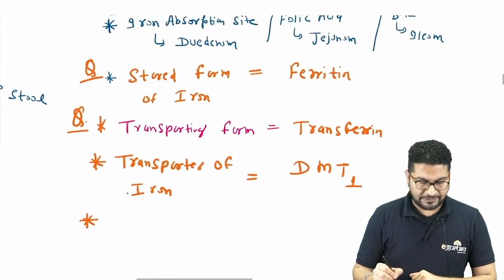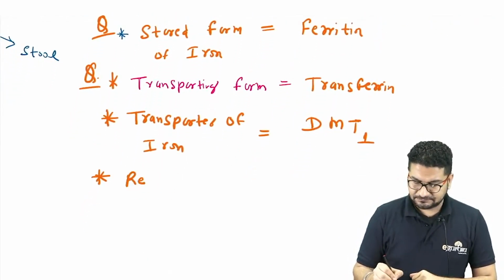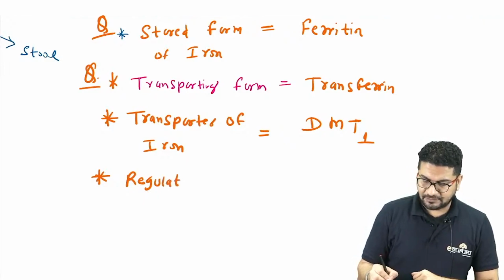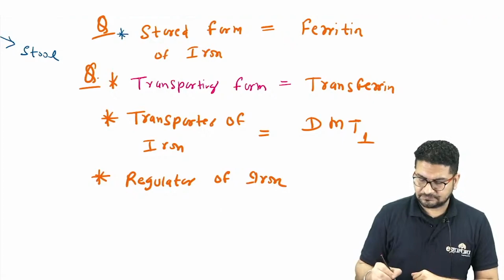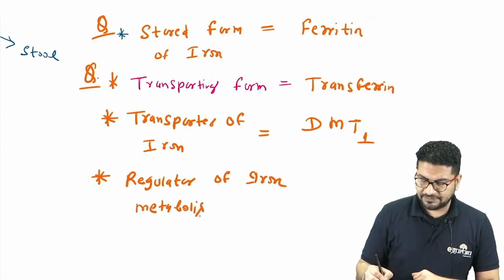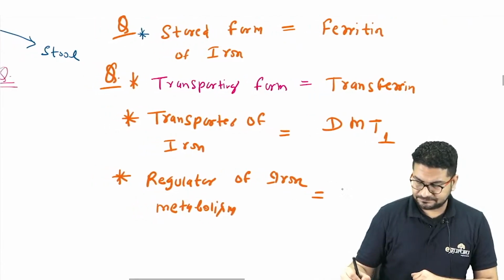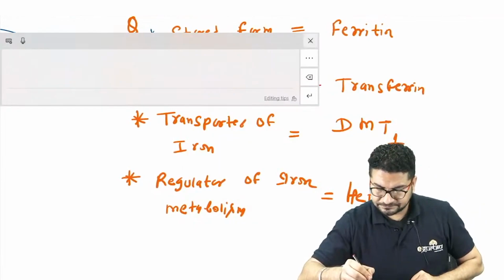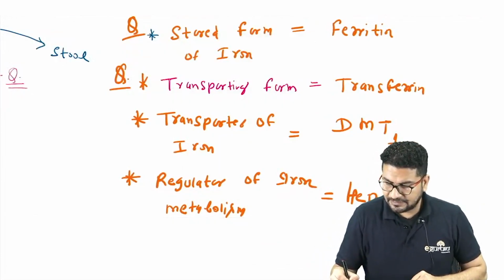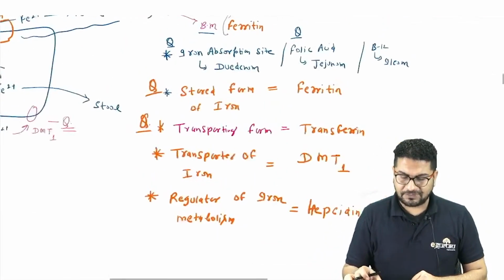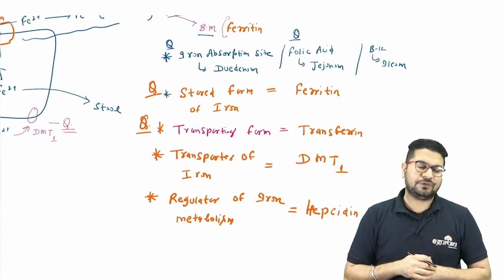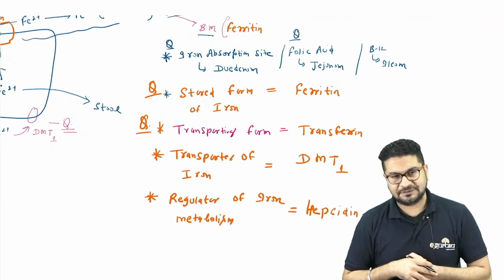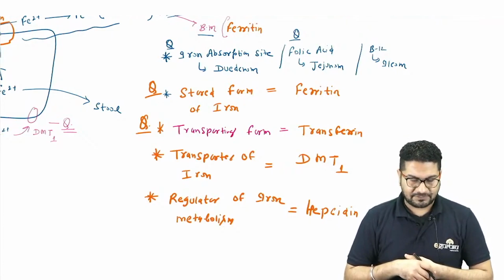And the last MCQ: what is the regulator of iron metabolism? I told you there is a protein in the liver, and that protein is hepcidin. These are all MCQs you should know. These are basically physiology. If you are studying medicine, you should know physiology and pathology. That is more important. Is it clear?